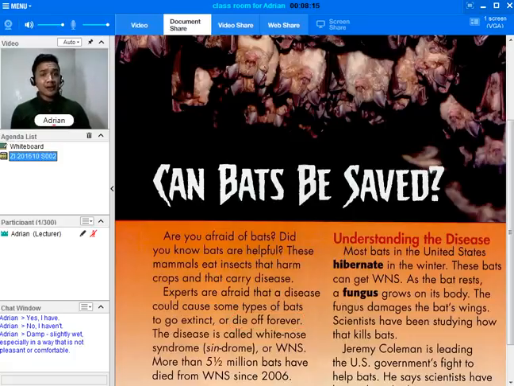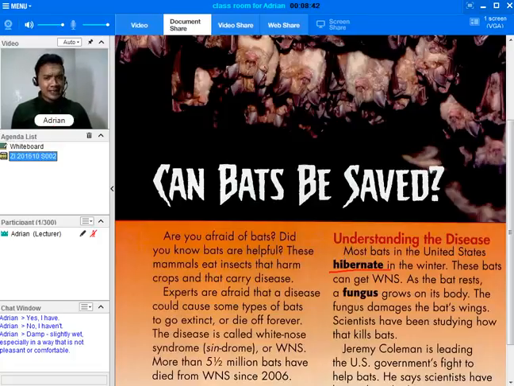So let's understand how the disease kills the bat. During winter, hibernation happens. Are you familiar with hibernate or hibernation? It is a period of time in which, especially in the winter, the animals sleep for a long time.